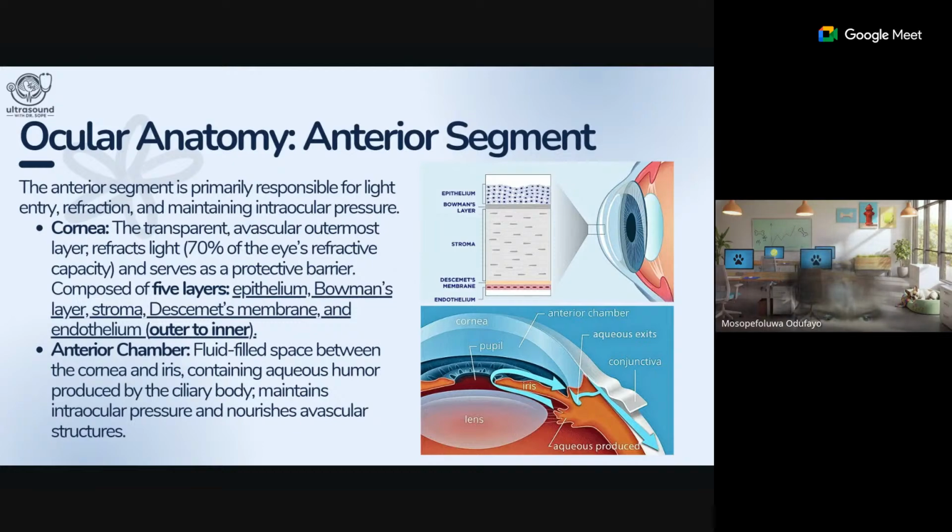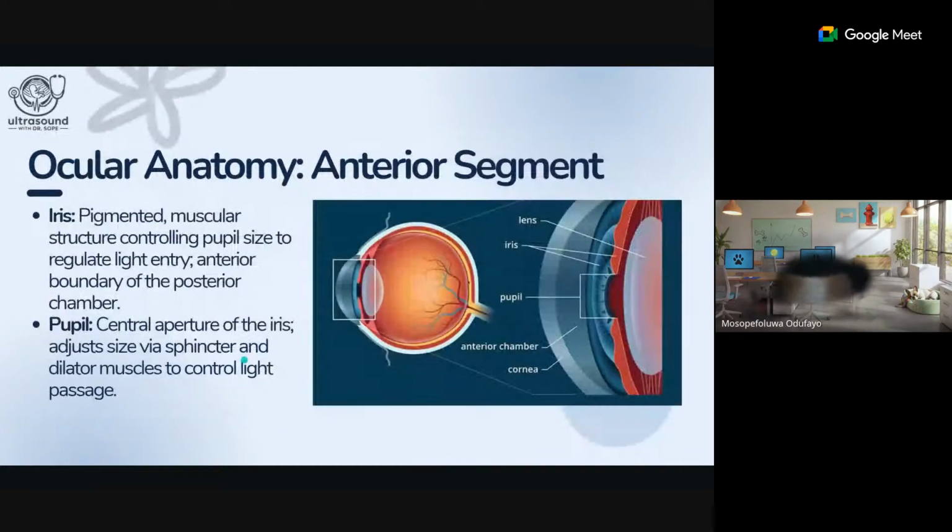This fluid is also important because it nourishes all of those structures that don't have blood vessels by themselves. That's what it does. So the next structure is the posterior boundary of the anterior chamber, which is the iris.